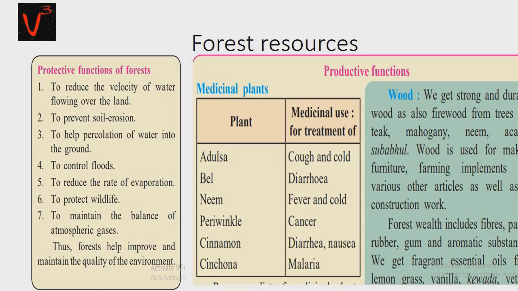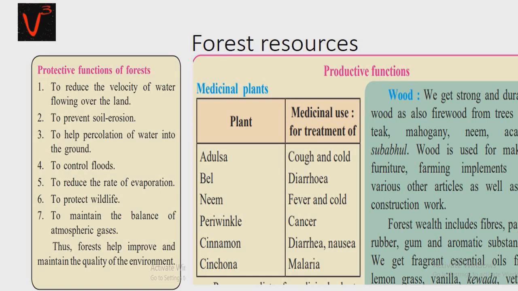We also get fragrant essential oils from lemongrass, vanilla, kevada and eucalyptus. Sandalwood and oil of eucalyptus are used for making soaps, cosmetics and incense sticks. In addition, we get various fruits, bulbs and roots, honey, wax, dyes, etc.